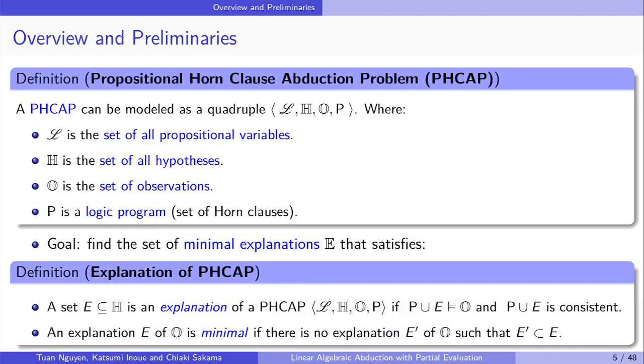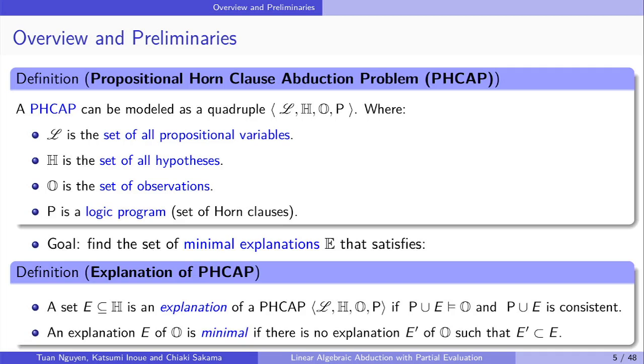This is a quick definition of the propositional Horn clause abduction problem, PCAP in short. A PCAP can be modeled as a quadruple L, S, O, P, where L is a set of propositional variables, S is the set of hypotheses, O is the set of observations, and P is the logic program, which is a set of Horn clauses.